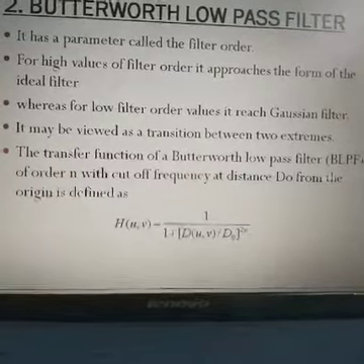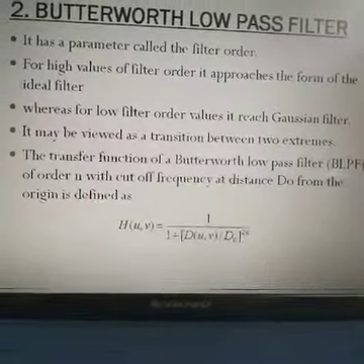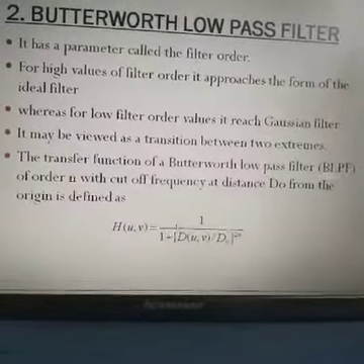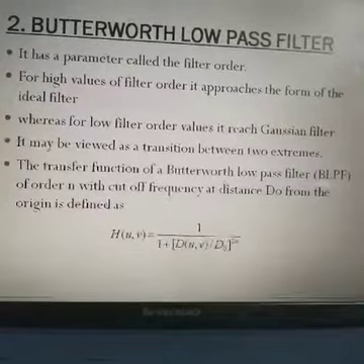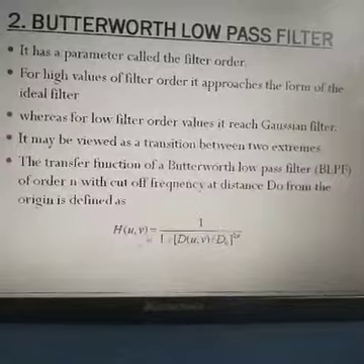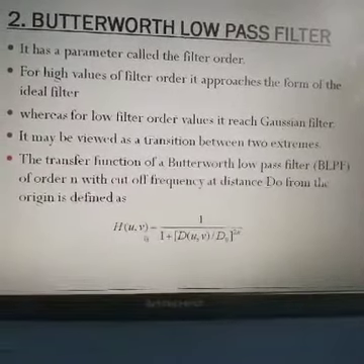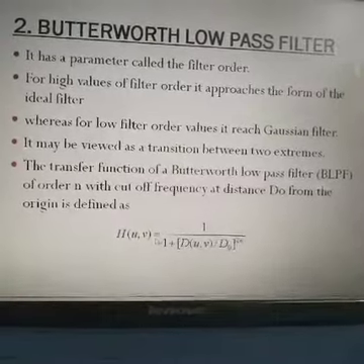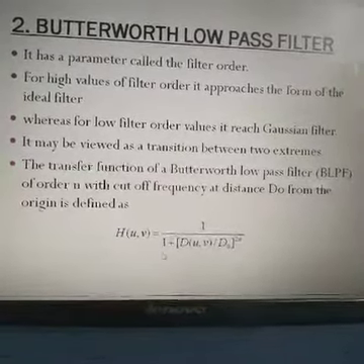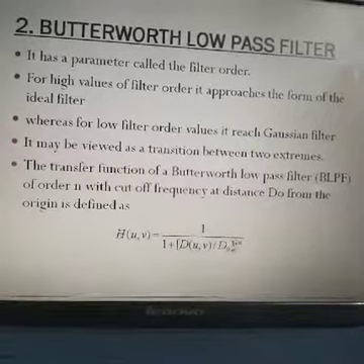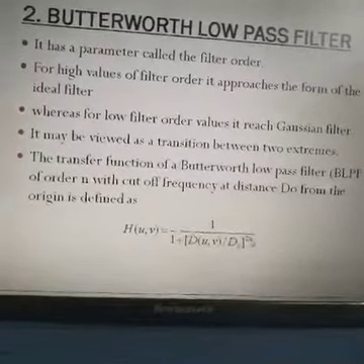The transformation function of a Butterworth low pass filter, represented by BLPF, of order n with cutoff frequency at a distance D0 from the origin, is defined by the formula: H(u,v) equals 1 divided by 1 plus the distance D(u,v) divided by D0, whole squared, raised to the power n.